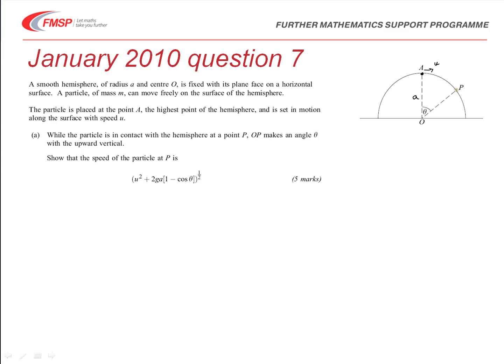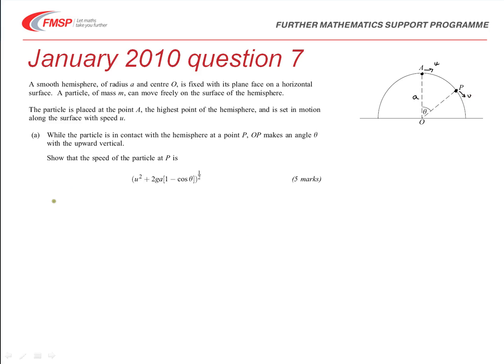Similarly, we can find the kinetic energy and the potential energy at this point as well. And then from those we can use conservation of energy to enable us to determine the expression required for the speed v at this point. So we're assuming here that at this point it's moving with the speed of v.